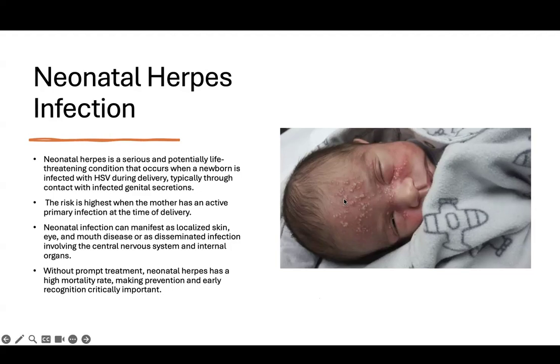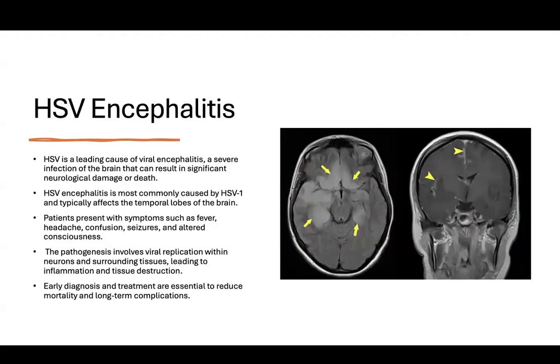And it disseminates technically not just to the skin and the mouth. It can go all over your eyes, to your forehead, but more dangerously to your central nervous system and internal organs. And specifically, it can induce encephalitis. So it can really go literally into the brain to cause inflammation there.